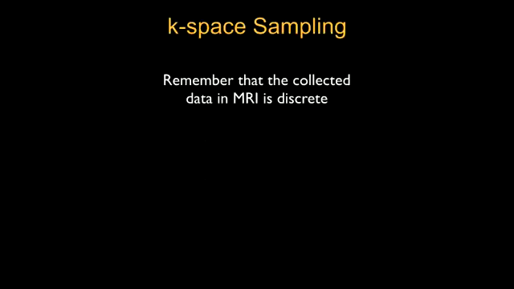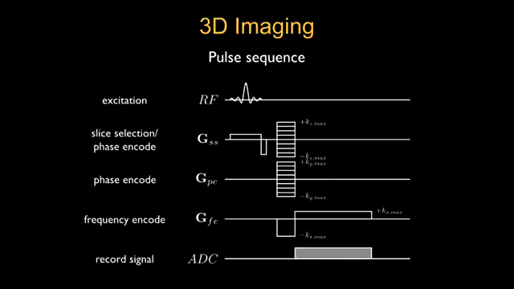So the important thing is you are not getting a continuous signal. You're getting a discrete signal. And that's why a lot of digital signal processing is involved, because everything is related to the sampling. The phase encoding is very discrete.